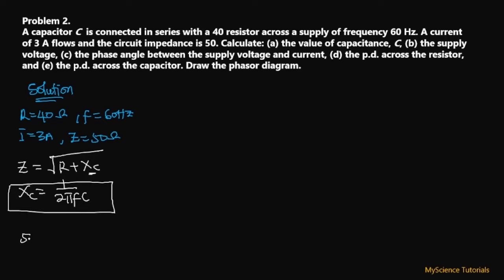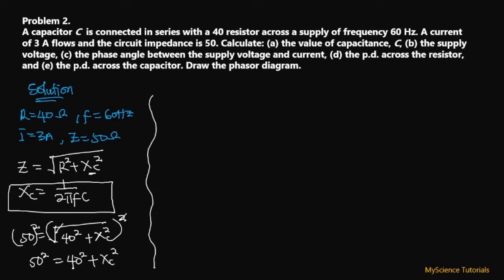So we have 50 is equal to the root of, our resistance is 40, so we have 40 squared plus XC squared. If we get rid of the root sign, we square both sides. So this cancels the root. We have 50 squared is equal to 40 squared plus XC squared.